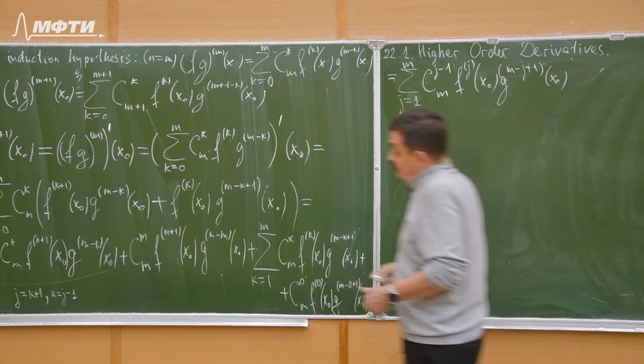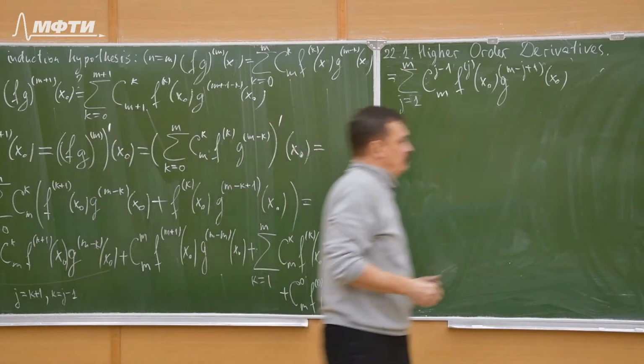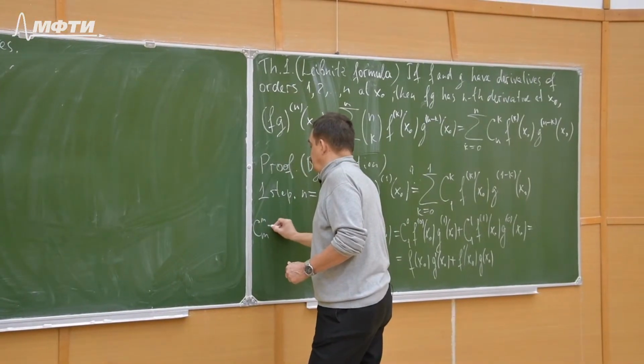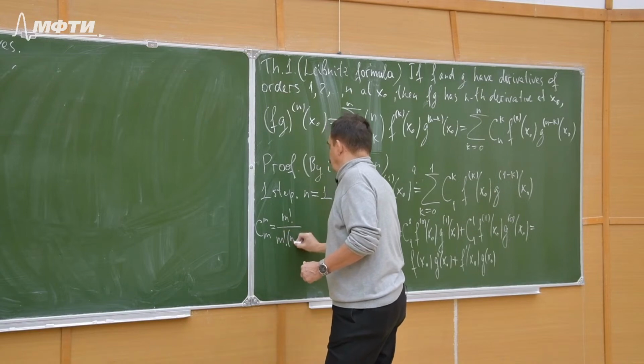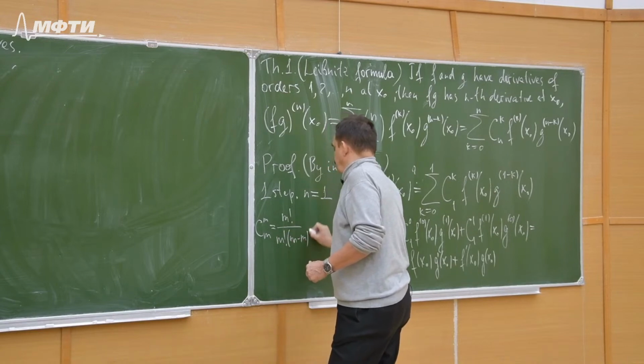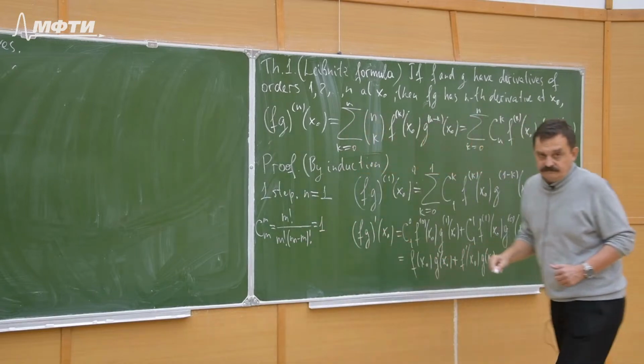Next, C(m,m). What is C(m,m)? Let me recall. C(m,m) is m factorial over m minus m factorial. 0 factorial is 1, so we have 1.